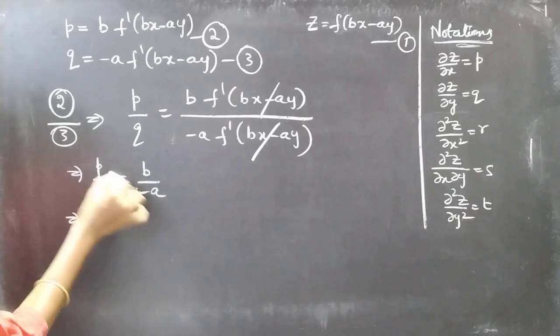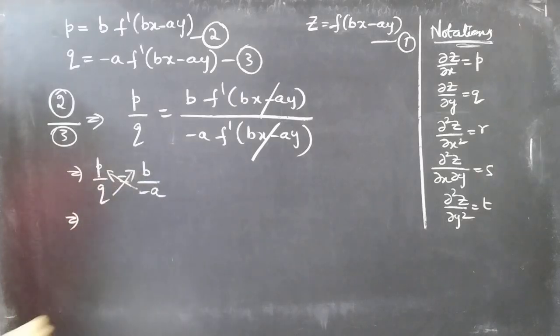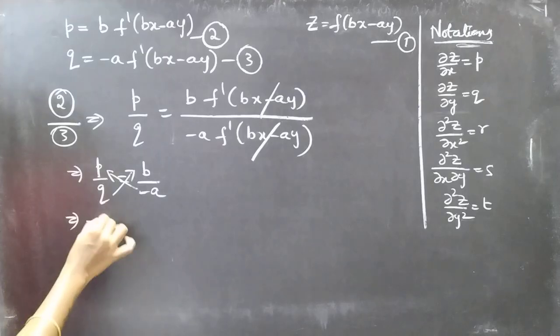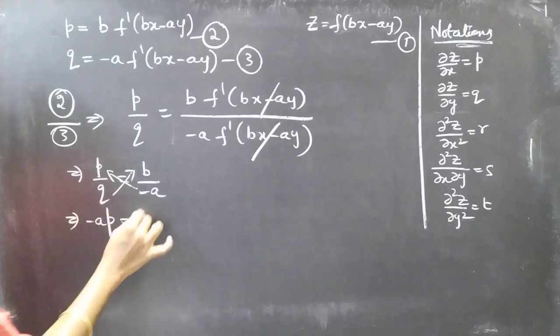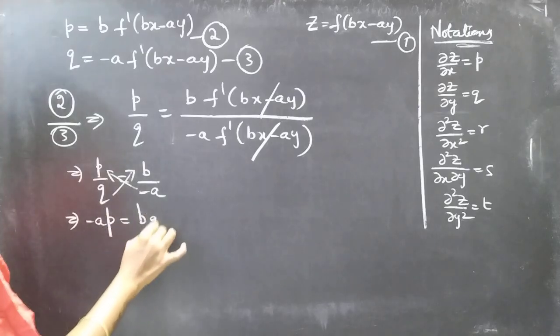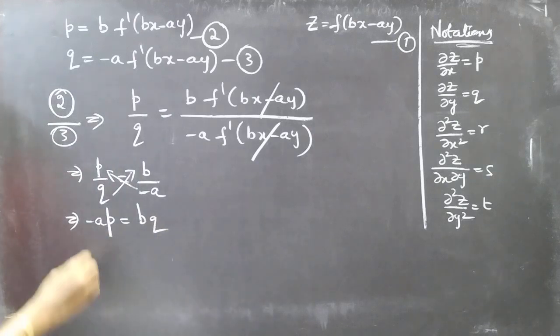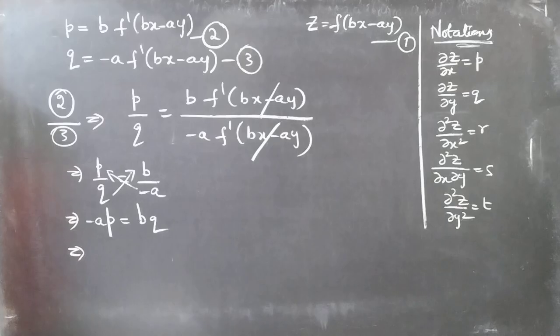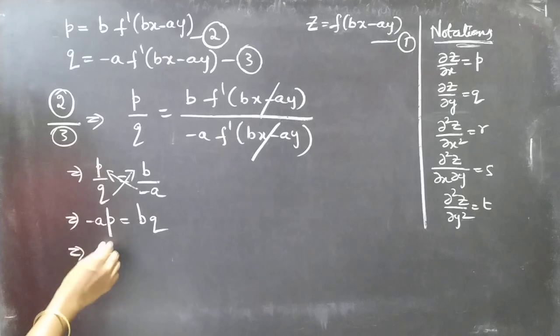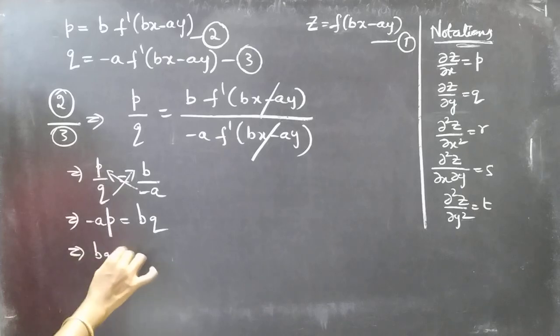I'll just keep it like this and we'll make a cross multiplication, then I'll get pq minus pq equal to bq, sorry, minus ap equal to bq. Now you can write this as bq equal to minus ap.